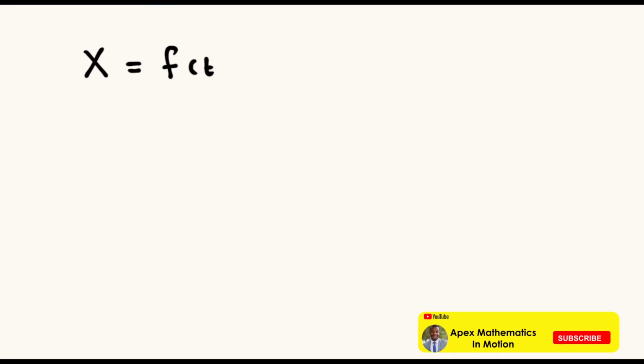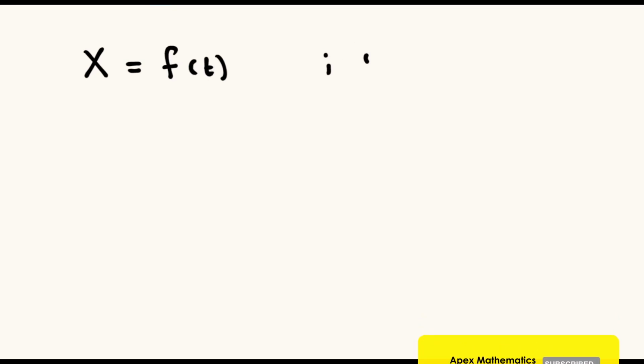Suppose we want to calculate the length of the curve defined by the parametric equations x is equal to f of t and y is equal to g of t.